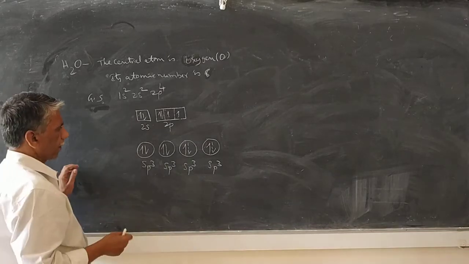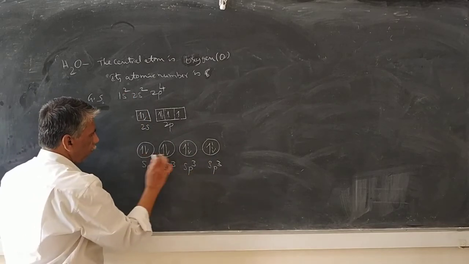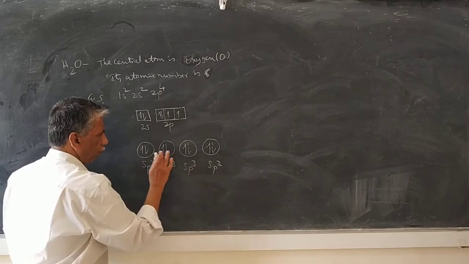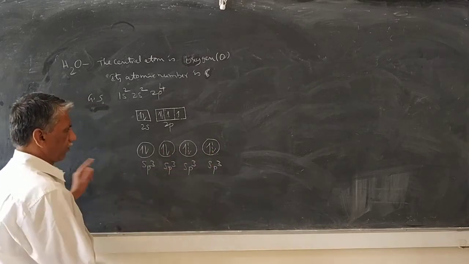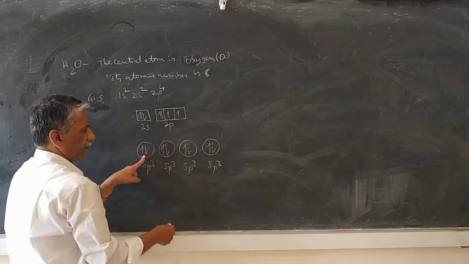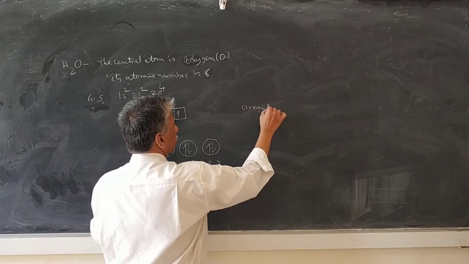Now you can see this molecule consists of two lone pairs of electrons and two bond pairs of electrons. Since the molecule contains two lone pairs of electrons, it again has irregular geometry.